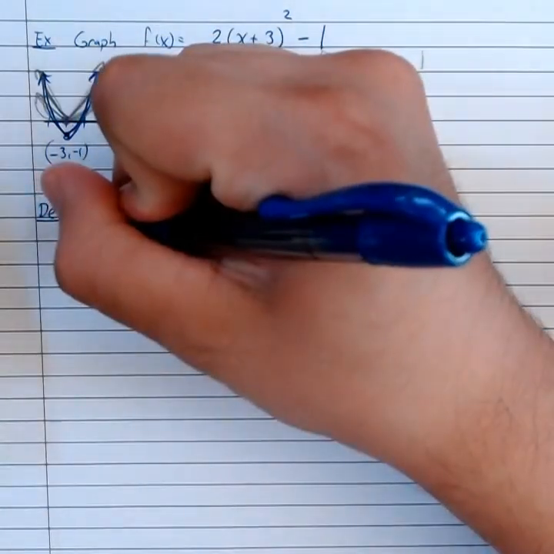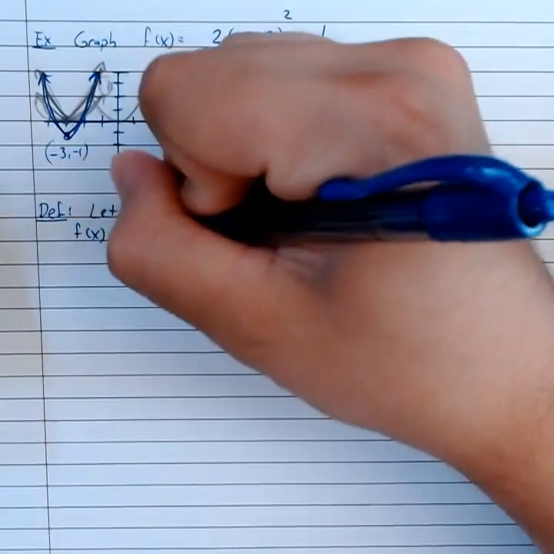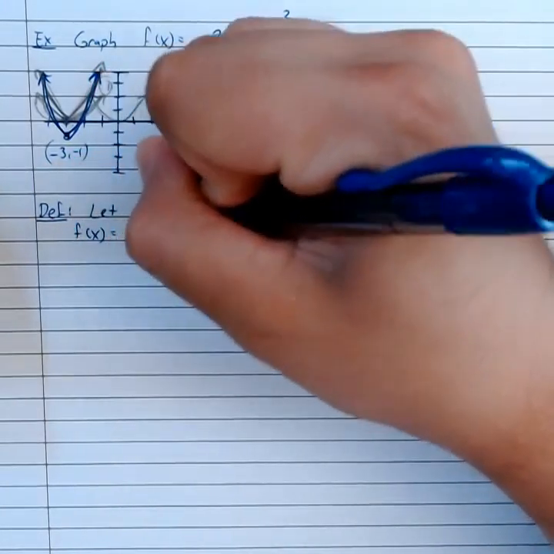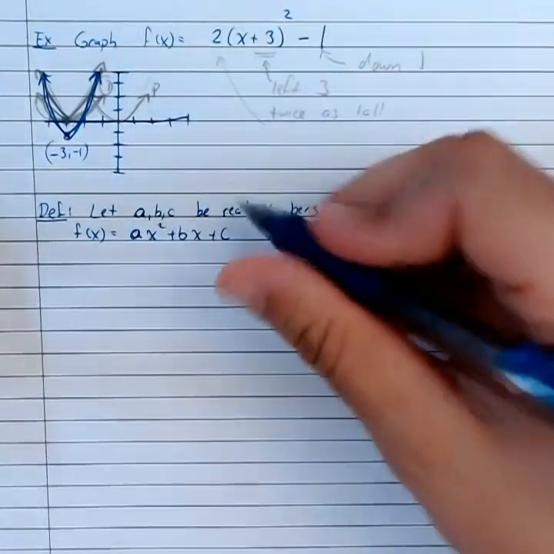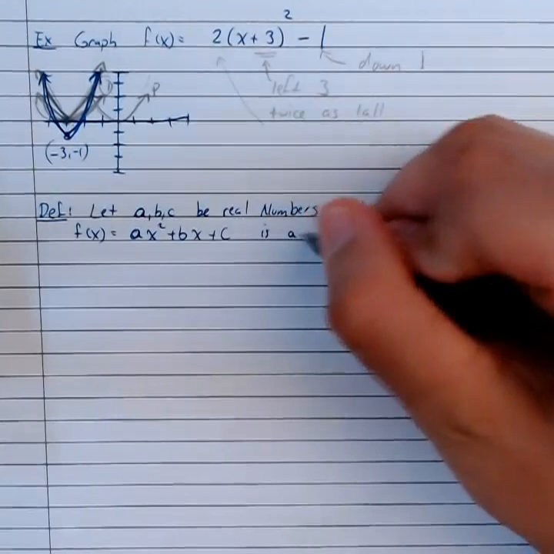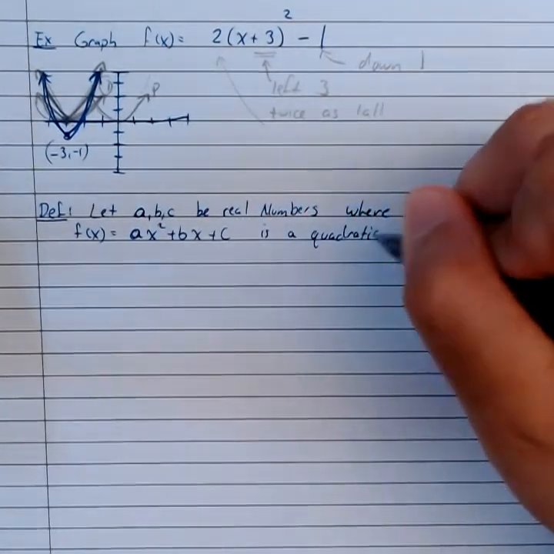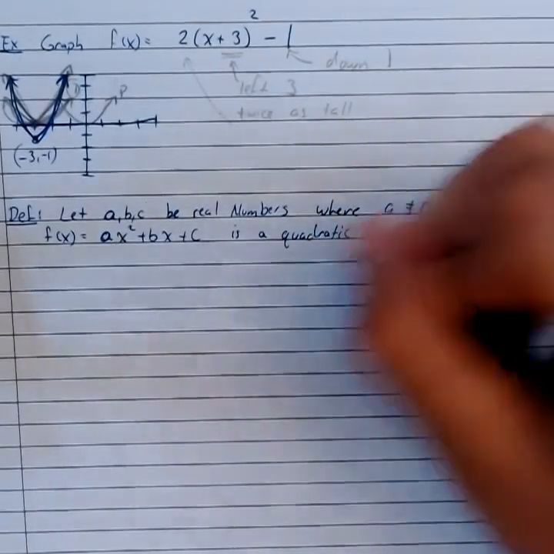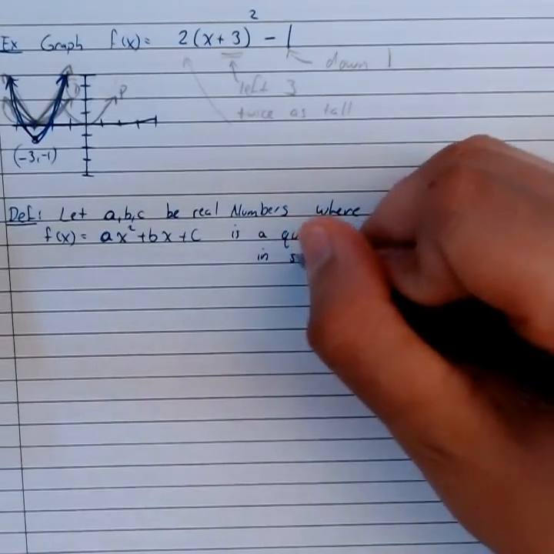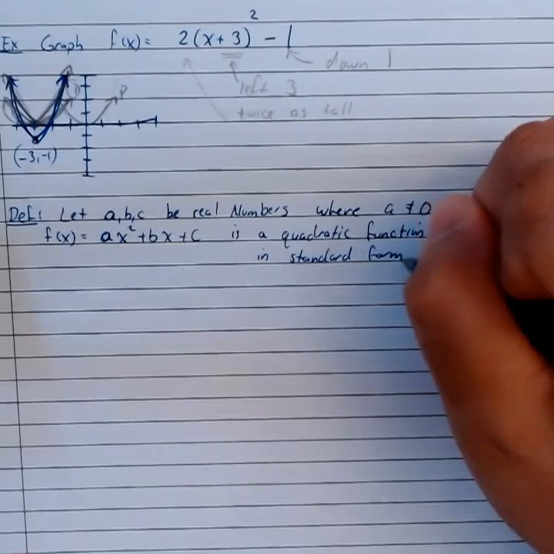Then an equation of a function given by f of x equals ax squared plus bx plus c is a quadratic function in standard form.